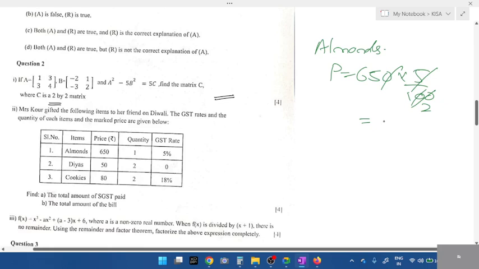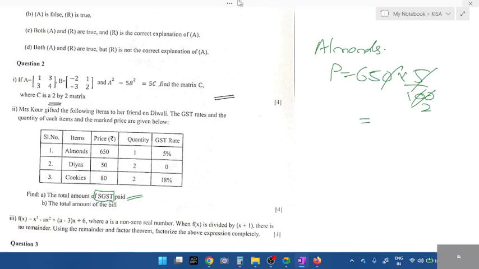Okay, what do you need to calculate here? GST rate is given. The total GST, SGST bill, GST or SGST, what do we need to calculate? All this time, whatever questions we solve, they ask direct GST amount, students, but here it is SGST. Okay, so price of one is 650, one quantity, 5%. 5 ones are 5, 0 and 0 get cancelled, 5 twos are 10, 2 goes, 32.5.